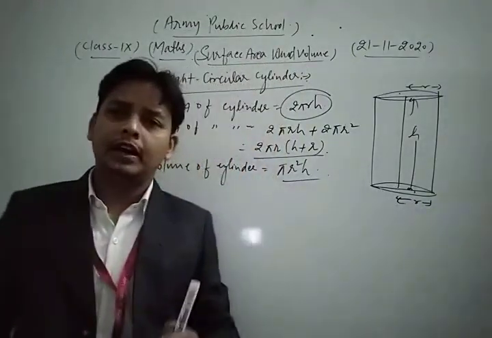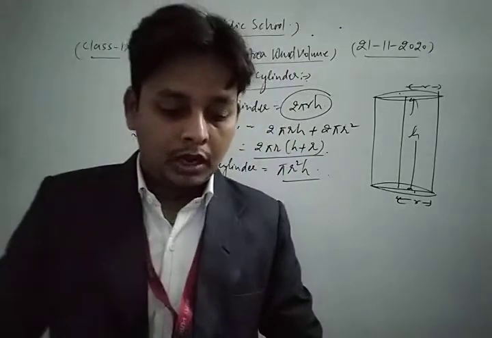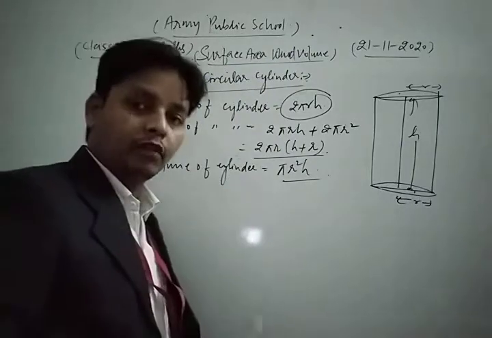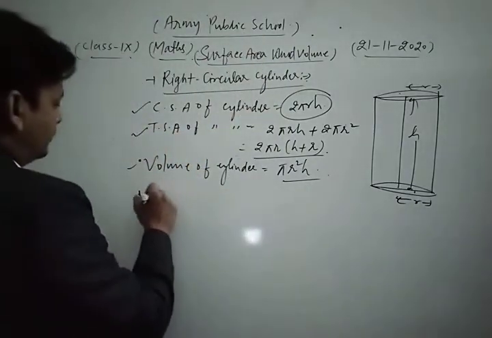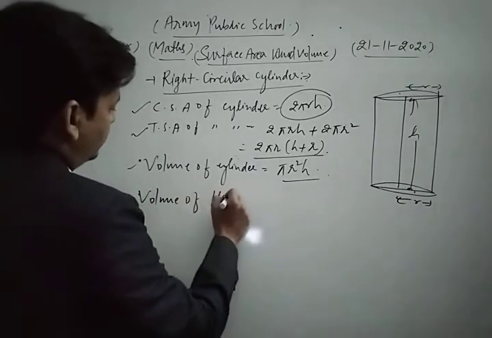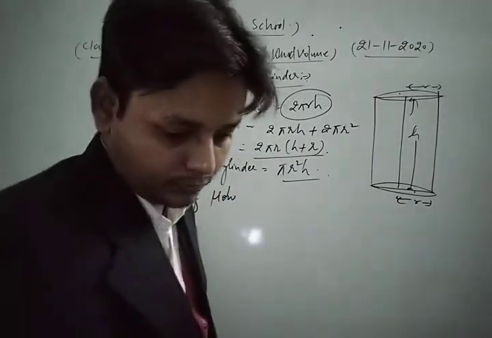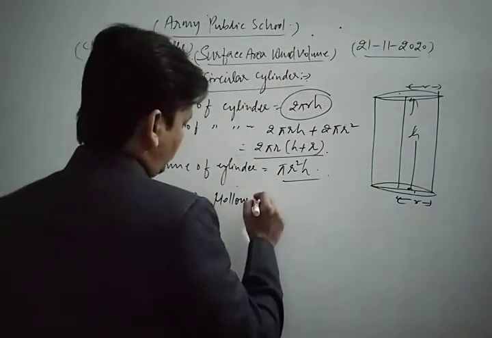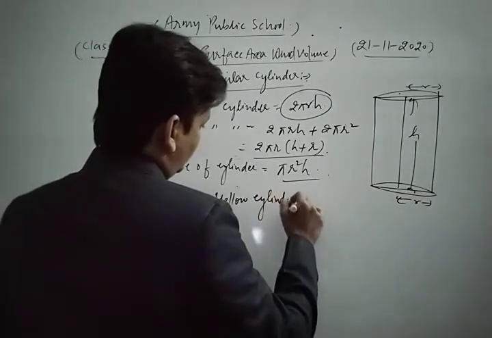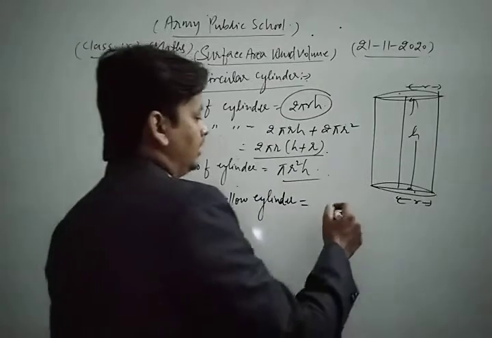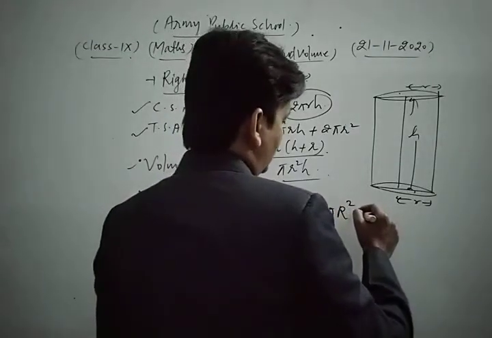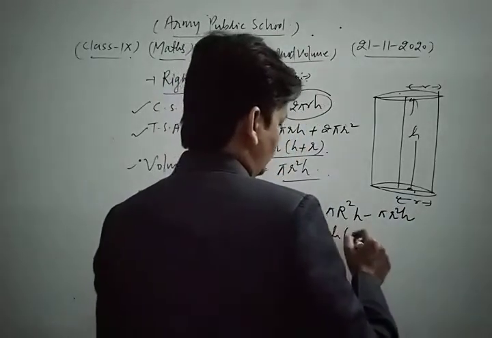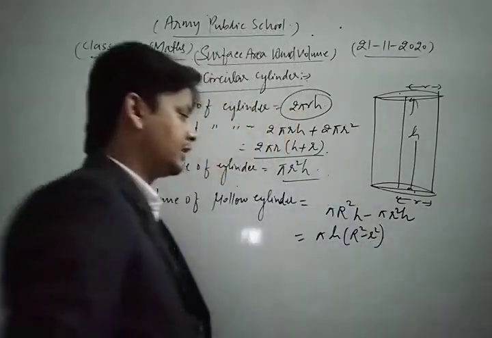but if in a question we have a hollow cylinder, then in the case of a hollow cylinder there is a little change in the volume formula. Let's see, the volume of a hollow cylinder is external pi capital R square h minus pi small r square h. Here pi h is common, so we get pi h into capital R square minus small r square.